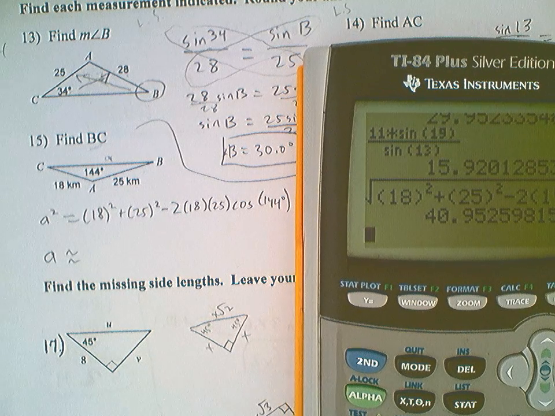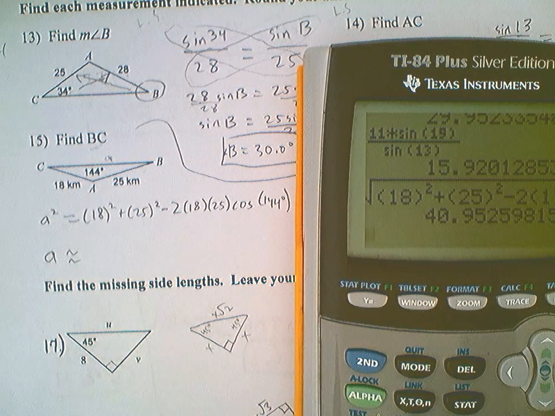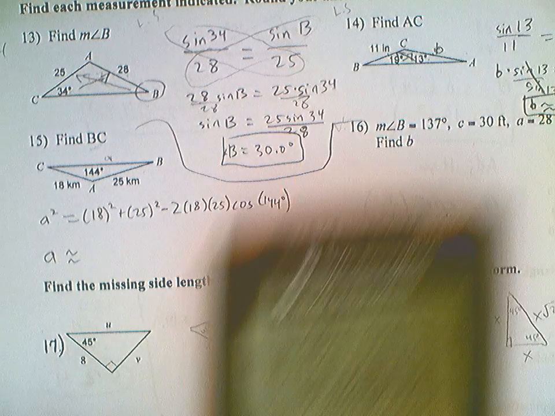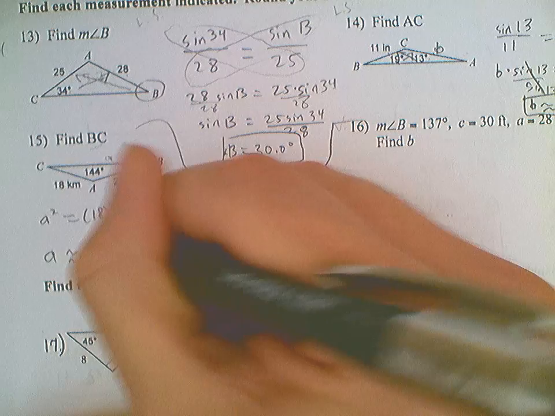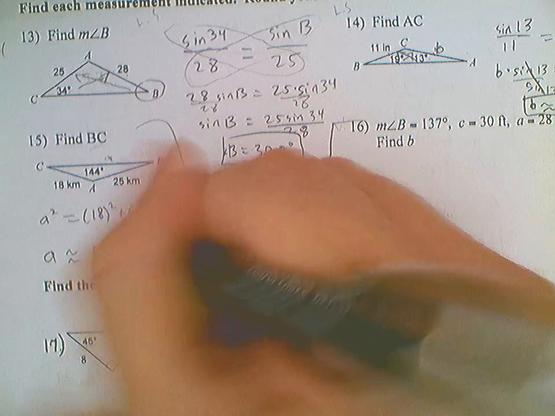We're rounding to the nearest tenth, so that would round to 41.0. So A is about 41.0 kilometers.